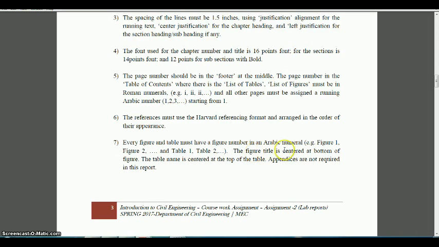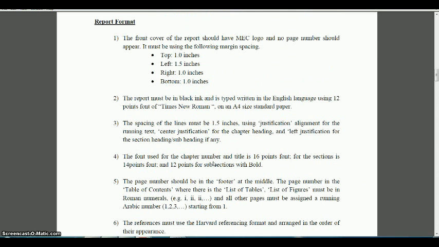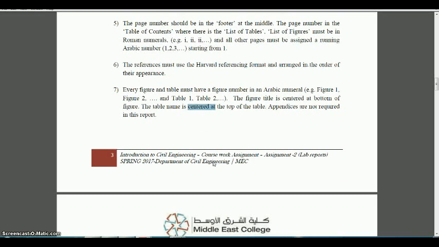The figure title should be centered at the bottom and the table title should be at the top of the table and it should be centered. So please check while writing all these tables, figures, format, font style, everything. This report format has to be considered while writing your report.